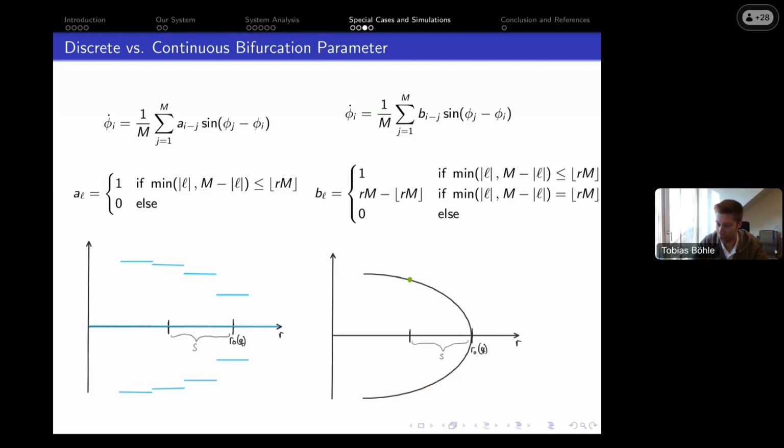Okay, but let me also say the continuum limit of this system and this system, they are both given by the system that we have considered, but we do not have any theoretical clues for why it should be better to simulate this system instead of this one. Our theory is only about the limit, not about the finite dimensional system. But we think it's kind of intuitive to continuously increase the weights of the coefficients.